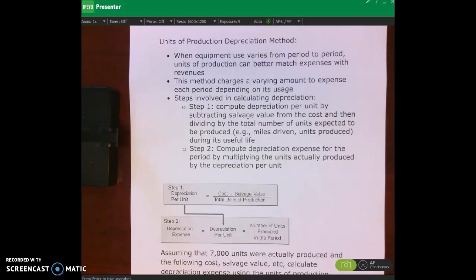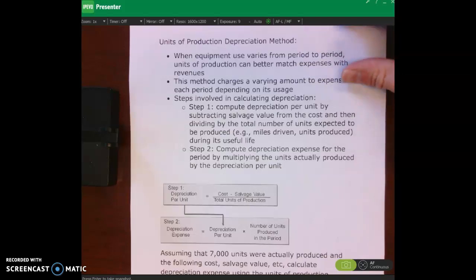Could be used a lot in the beginning, but not so much later on during the construction of the building or house or whatever, okay? So when you have those types of assets that are used in varying manners across their useful lives, a good depreciation method is units of production, okay? And that's what I'm saying right over here, where we have an asset, let's say, for example, equipment, where its use varies from period to period, units of production would be better than straight line.